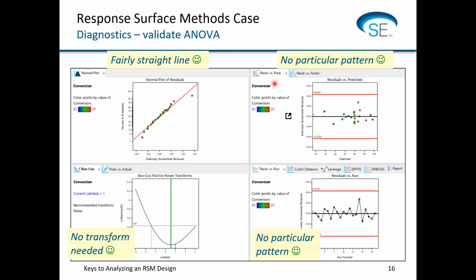Now, normally underneath this residuals versus predicted, there is a residuals versus run. And I pulled that down. If you didn't know, these are draggable. So I just grabbed that particular graph and pulled it down, put it down here in the lower right corner.